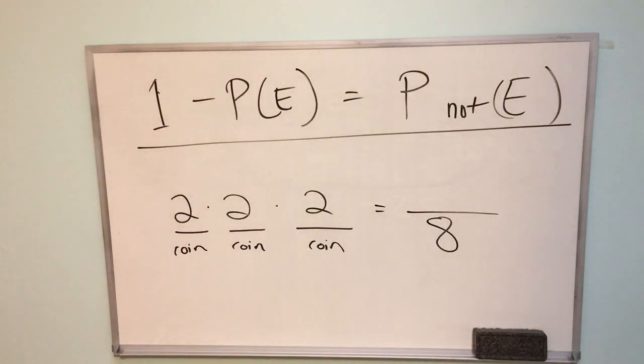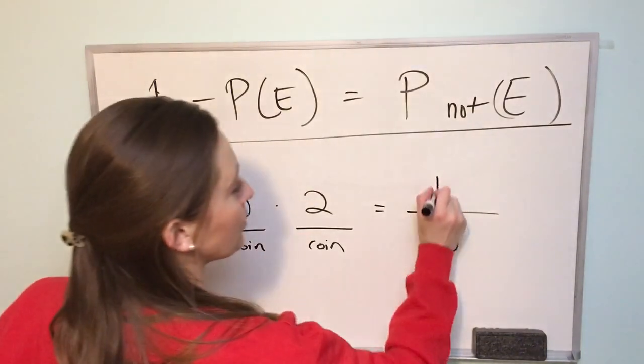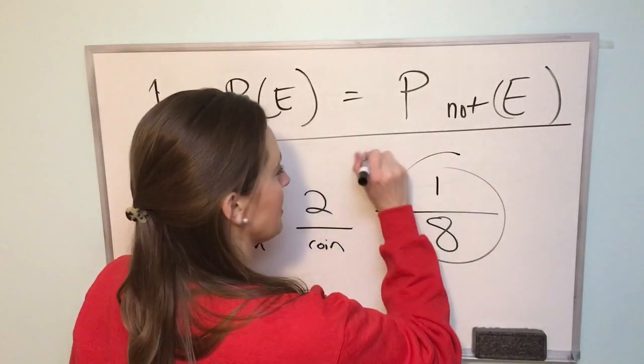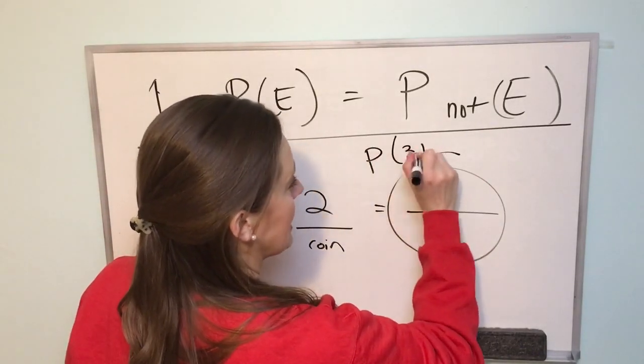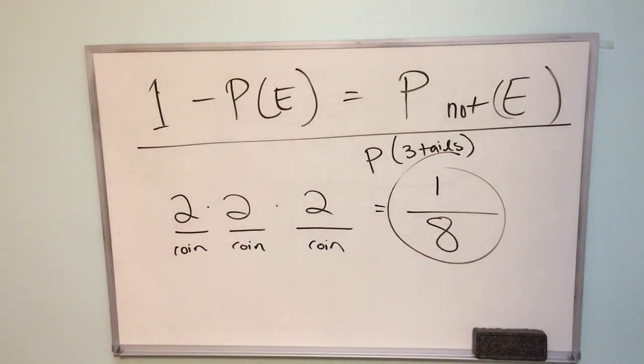And what's the only way I can flip 3 tails? They would all have to be tails, right? So there's only one way. So this right here represents the probability that I get 3 tails. But the question is asking, what is the probability that I do not get 3 tails?